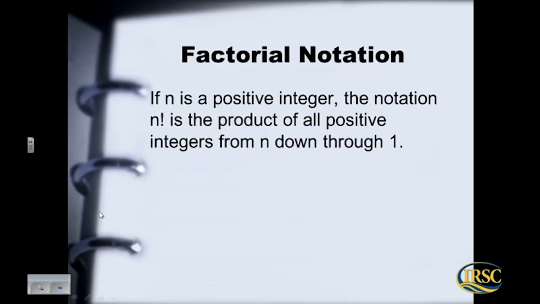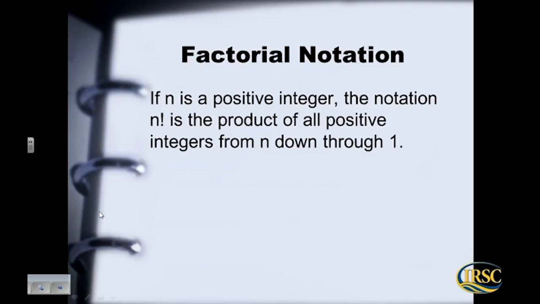If n is a positive integer, the notation n with an exclamation mark. So if you have an exclamation mark after your number, that's a shorthand way of saying, I want you to multiply that number along with all of the next consecutive numbers going down to 1.